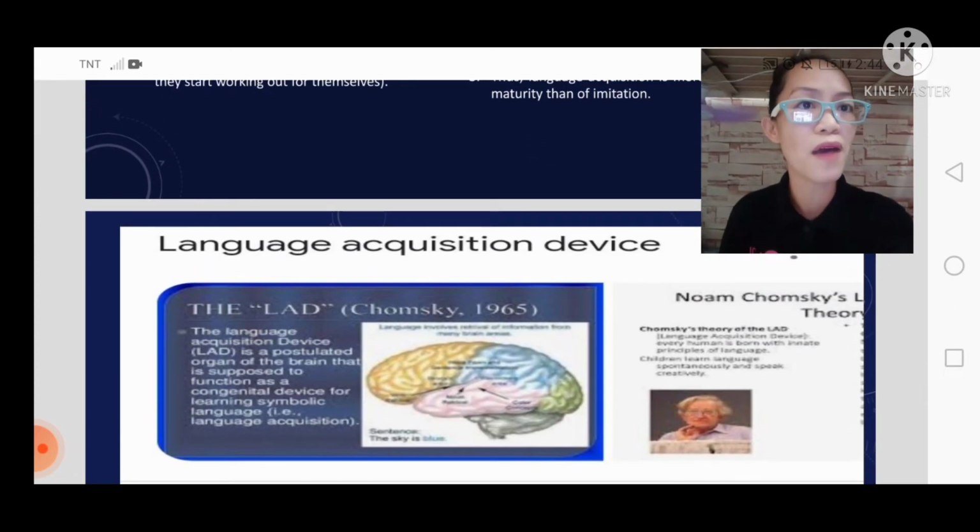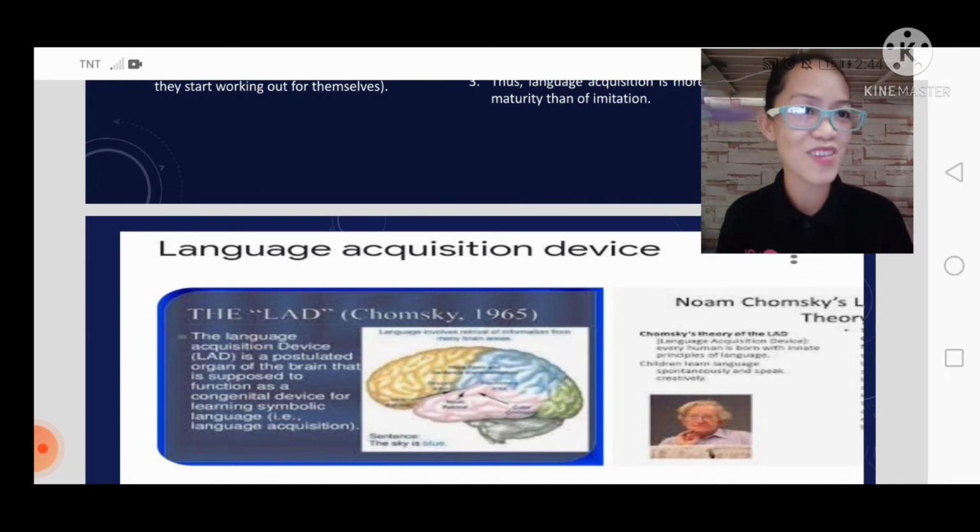So we have come to the language acquisition device, or LAD, a postulated organ of the brain that is supposed to function as a cognitive device for learning symbolic language.